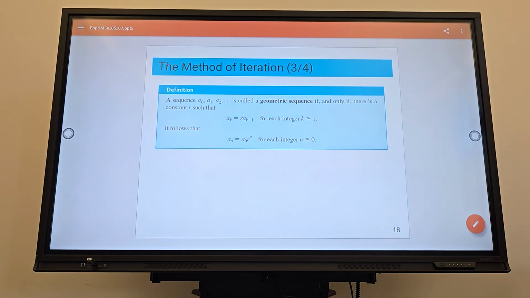A sequence is called a geometric sequence if and only if there is a constant R such that A sub k equals R times A sub k minus 1 for each integer greater than or equal to 1. And it follows that A sub n equals A0 times R to the nth power.